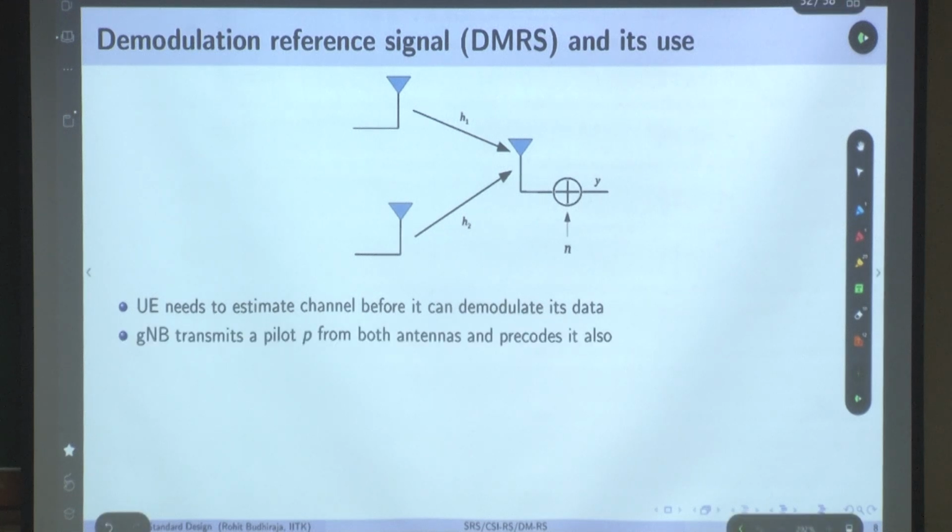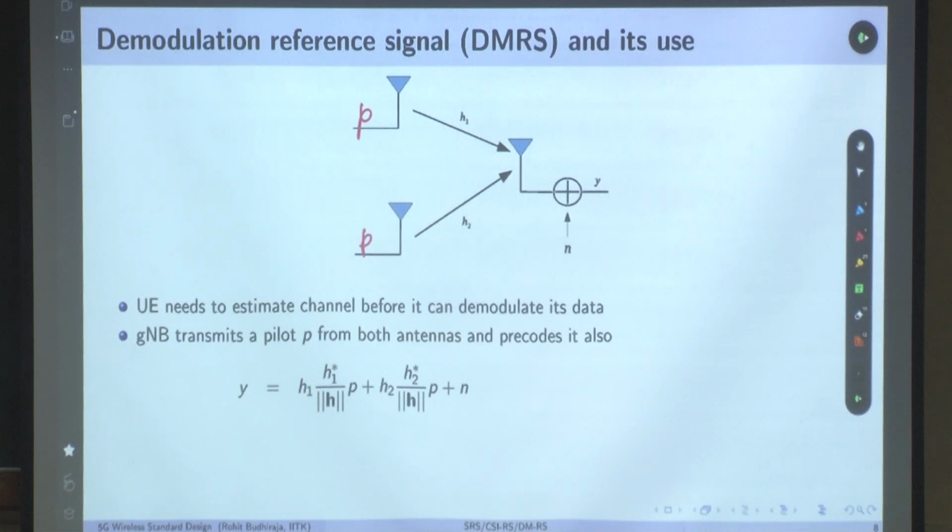So the gNB transmits a pilot signal P from both the antennas and precodes it also. It sends this pilot signal P from both. And what precoder is it using? It is based on the channel information it has: the channel is H1 from here and H2 from here.